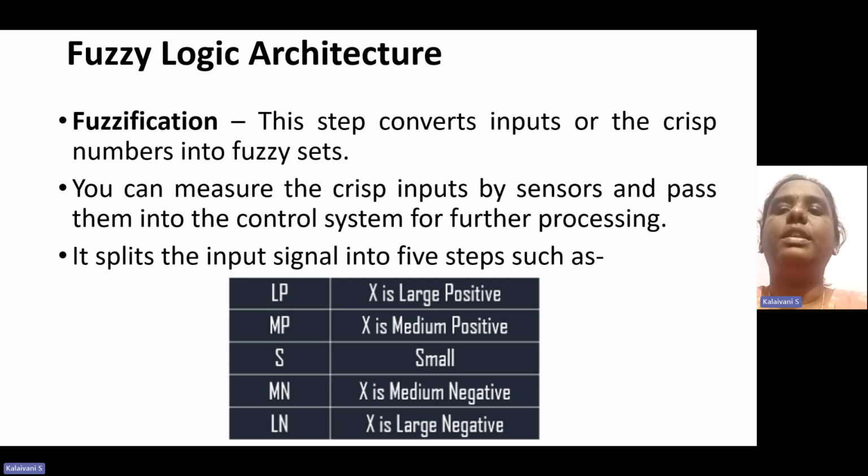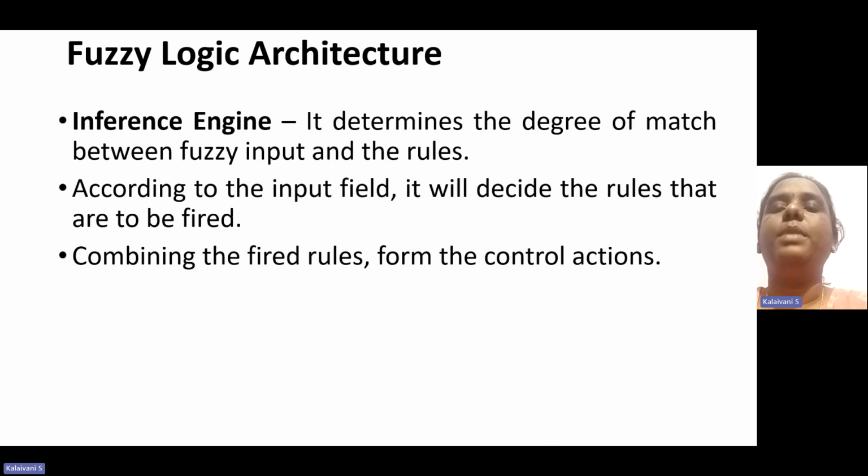It has five classes: large positive, medium positive, small, medium negative and large negative. Among these classifications, the input definitely falls into one, and its corresponding process will happen.